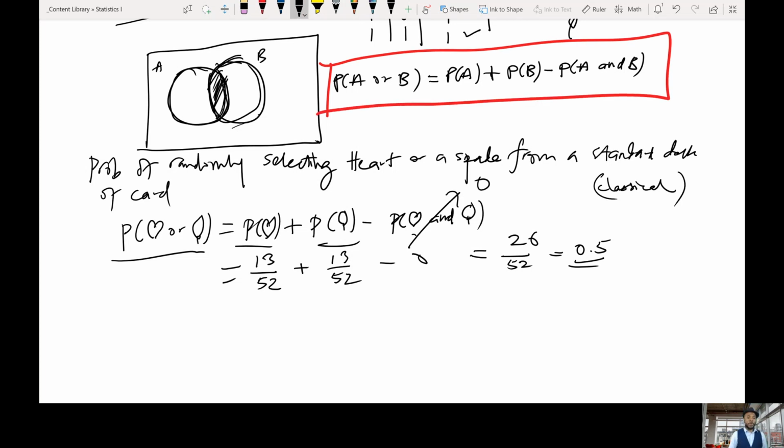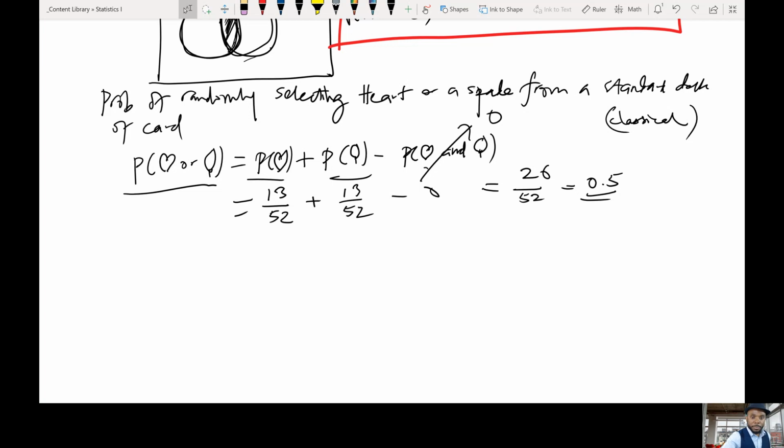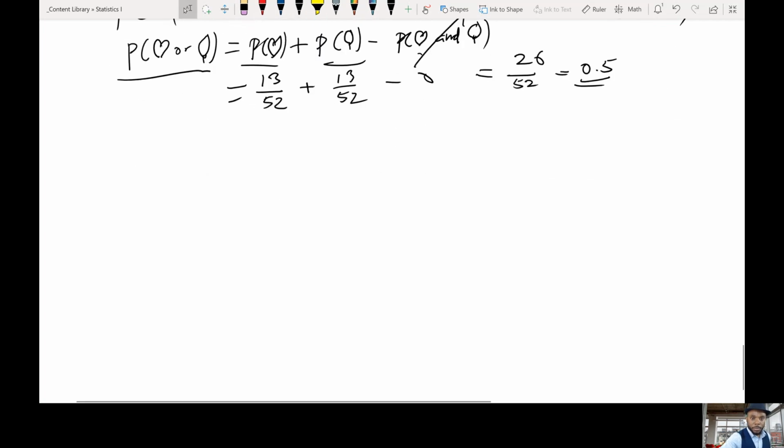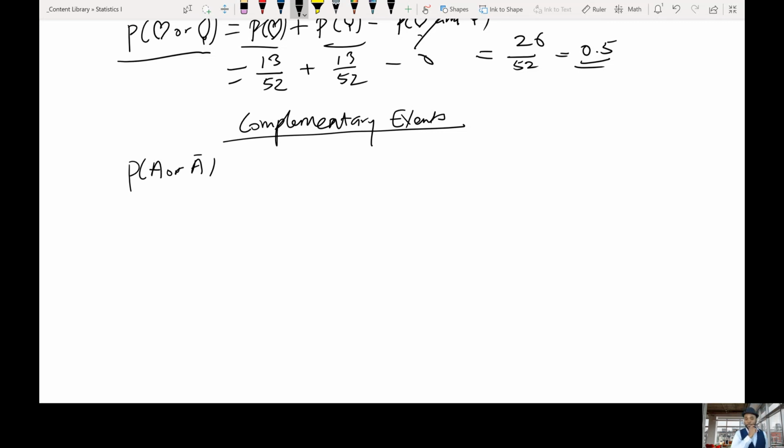Now, let's look at complementary events in terms of the addition rule. What we are saying here is, what's the probability of A or A complement?